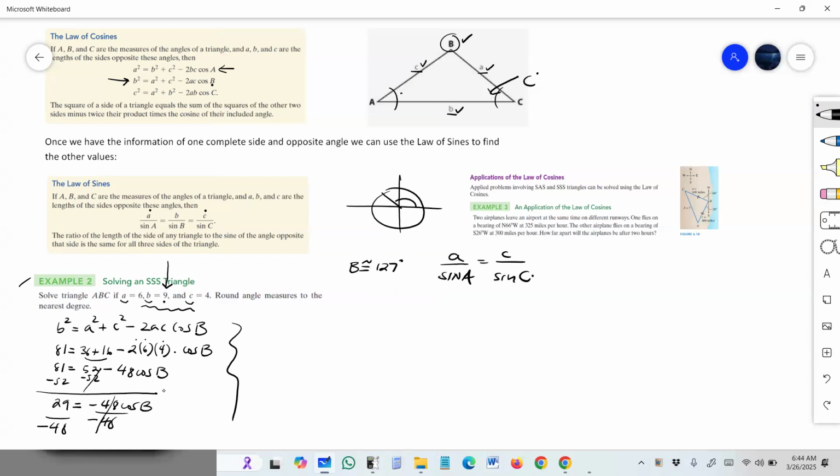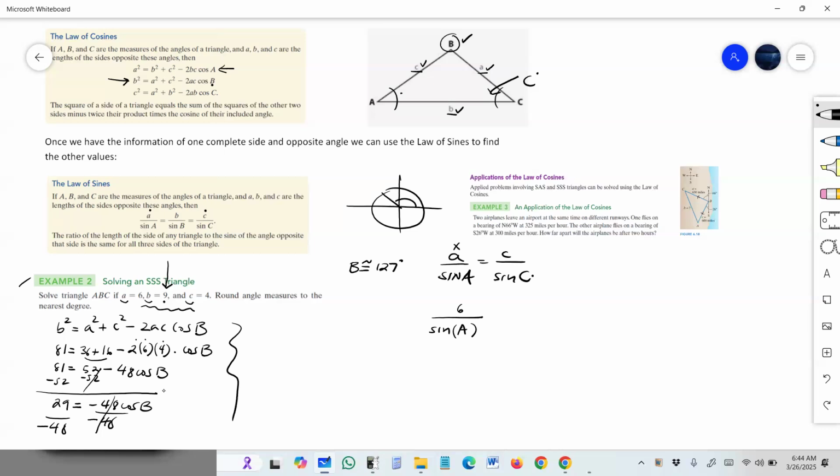All right, so I know what A is. It was given to me as 6. And sine of 100... actually, I don't have sine of A. So I cannot use that.